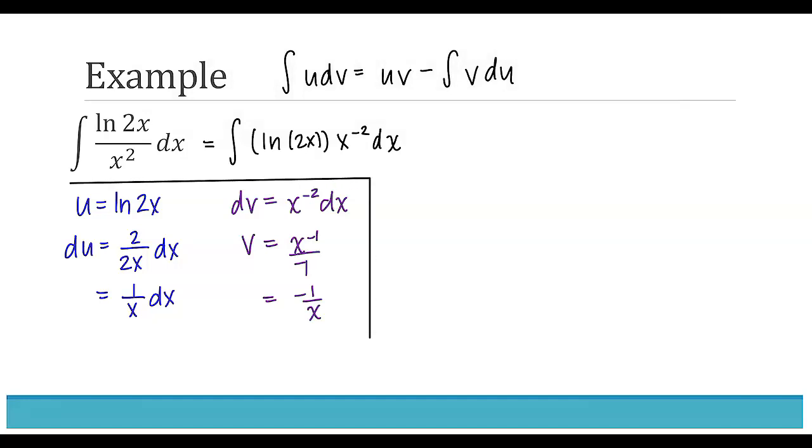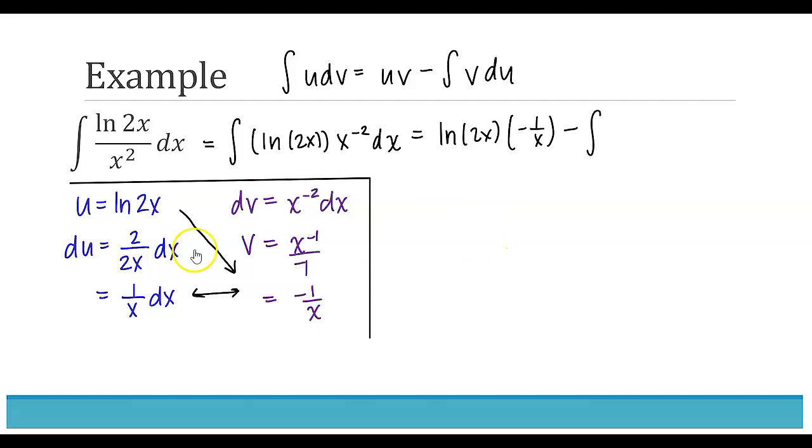So now I can apply the integration by parts formula. I'm going to have u times v, so multiplying diagonally here, I'm going to have natural log of 2x times negative 1 over x minus the integral of v du.